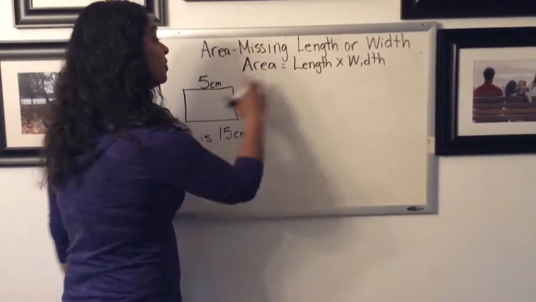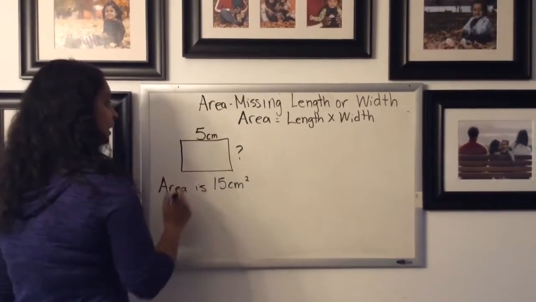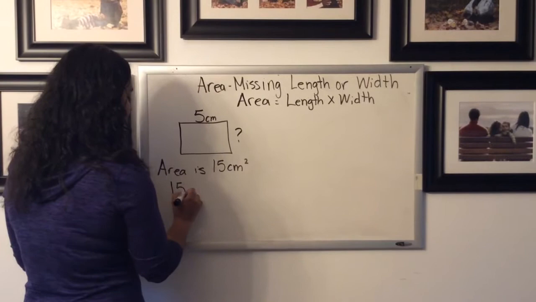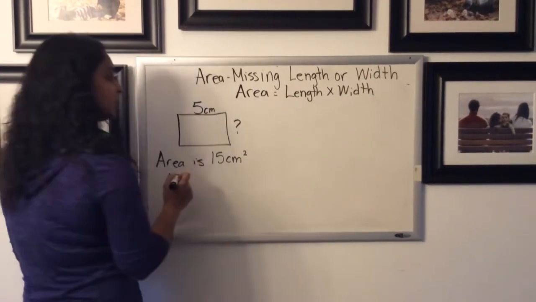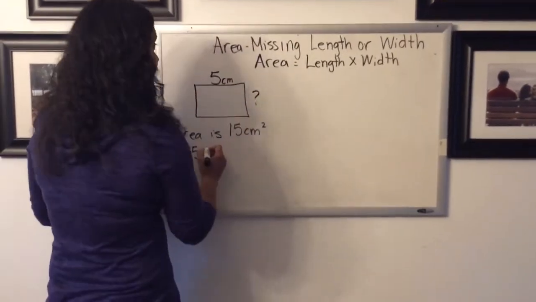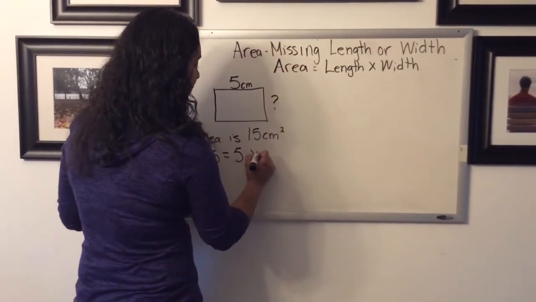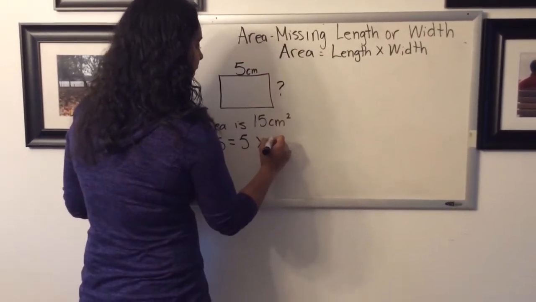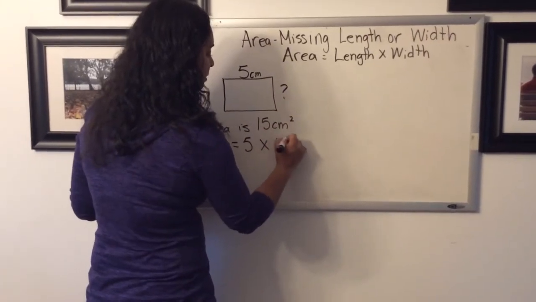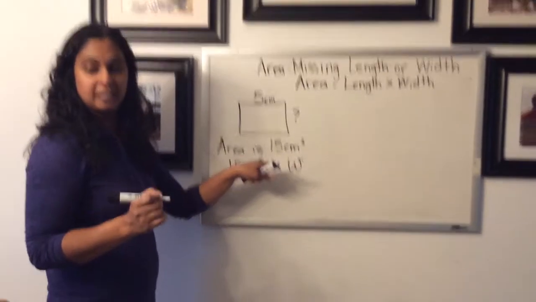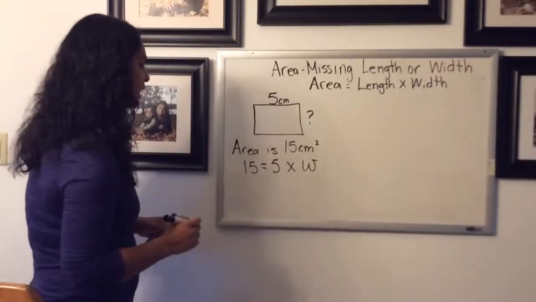Now, working with the equation, this means that we know that the area is 15. We're going to start plugging into my equation here, just like I would do in algebra: area equals length, which I know is 5, times, and now this is the one I don't know, the width that's missing. So I'm just going to use W for width, just like I would in algebra, using a variable or a letter to help me.